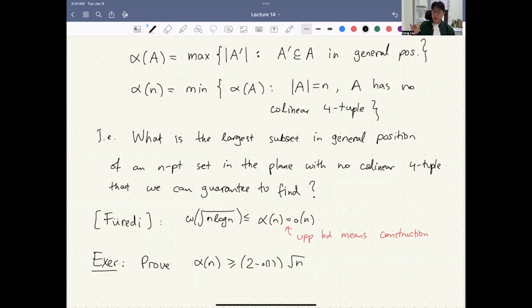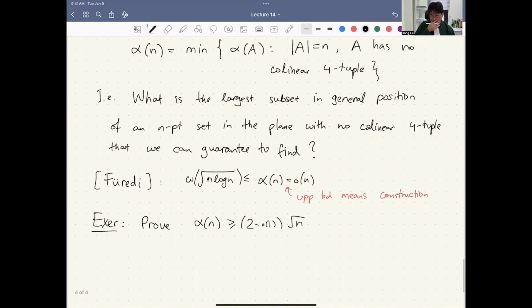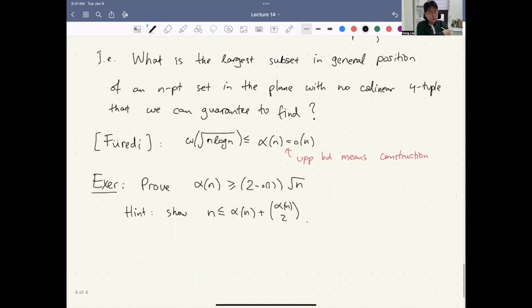So let's not prove square root n log n, just prove square root n. Here's a hint: to show that n is at most alpha n plus alpha n choose 2. All right. If you can show this, you have the above bound. Good.